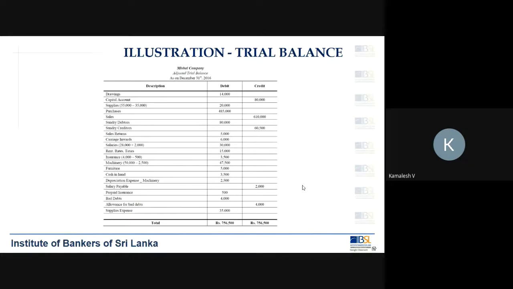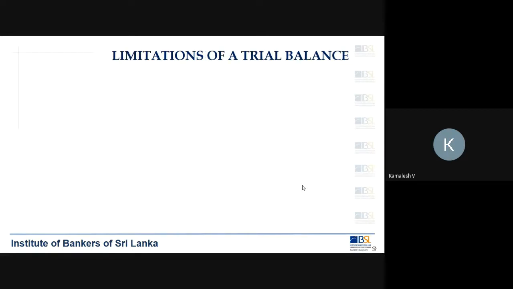Now, this is just to ensure that there is mathematical equality. That is what we are trying to establish. Okay? Now, what are the limitations of a trial balance?